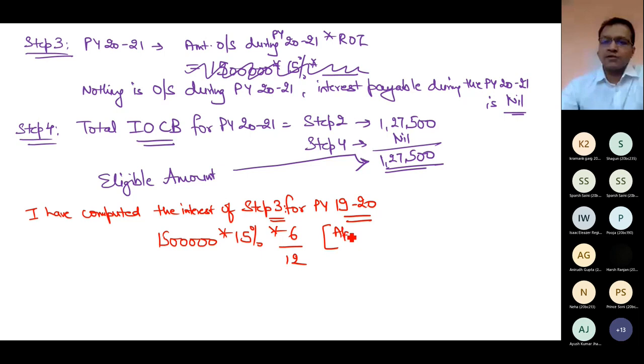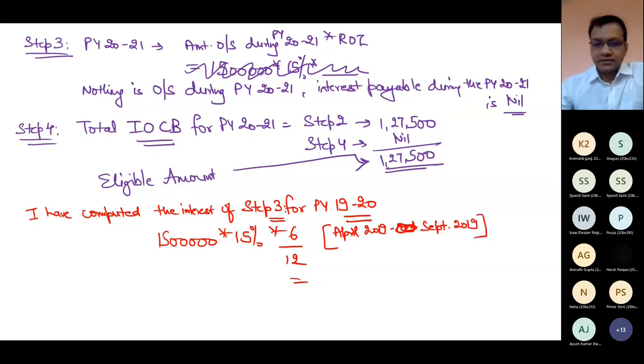When am I saying that I have not calculated? But I am not concerned with all the years, April 19 to September 19. I have calculated it. Okay, sir, got it. And how much interest would that have come to? This is 15 lakh into 15% divided by 12 into 6, 112,500.